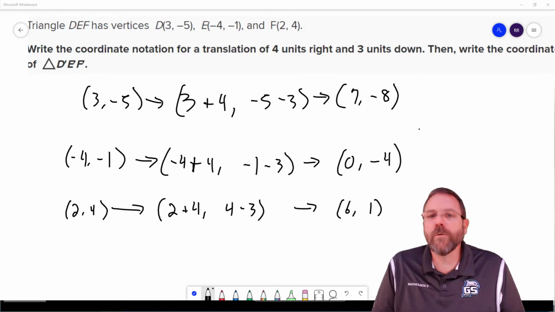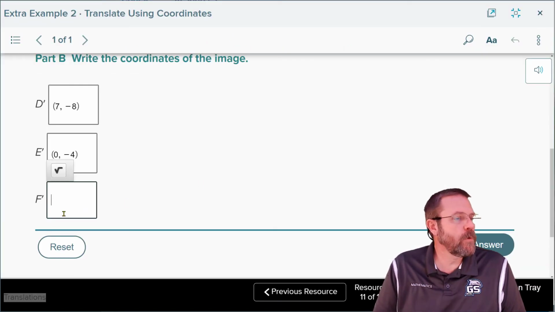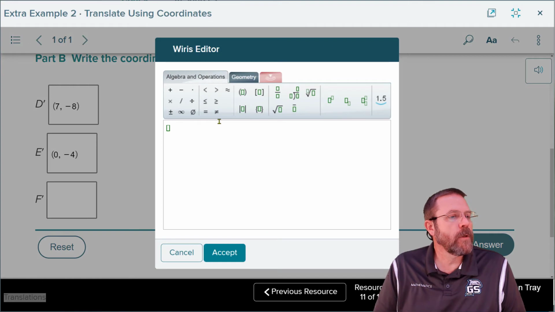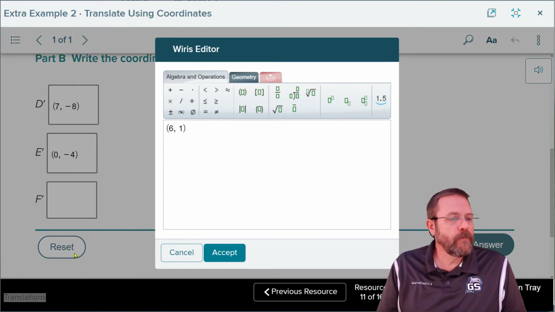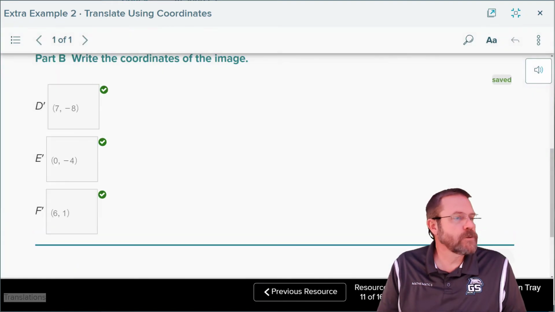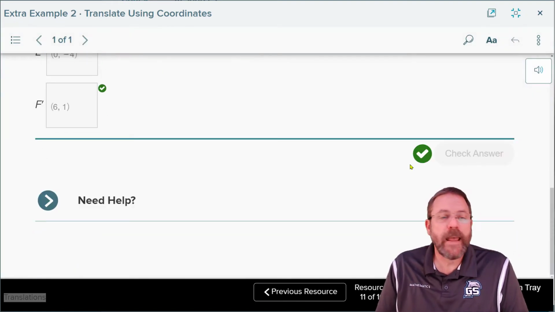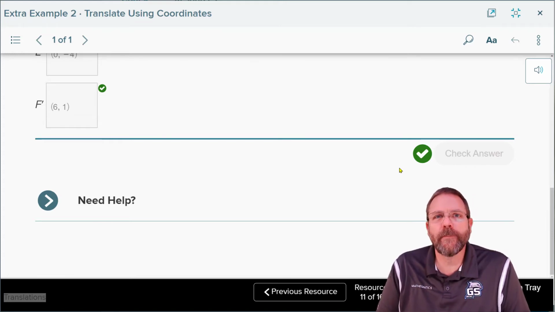So that new coordinate is going to be located at 6, 1. Plug that in. 6, comma, space 1, accept, and check, and all of those check. Nothing really hard about doing these. A little time consuming and cumbersome, but it's really not hard at all.